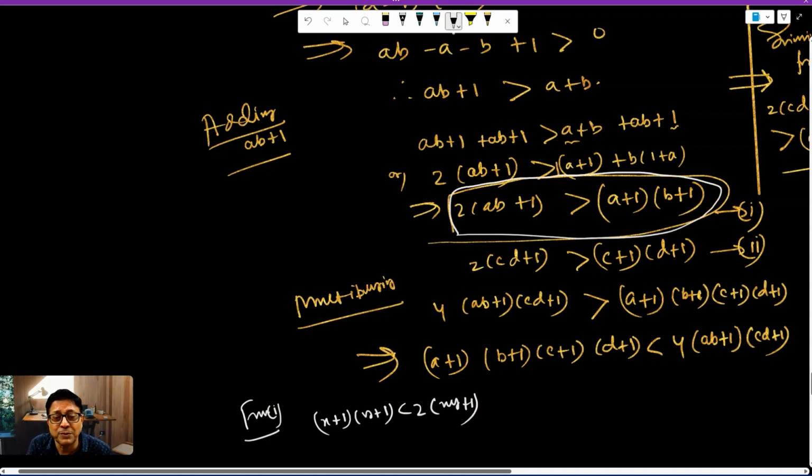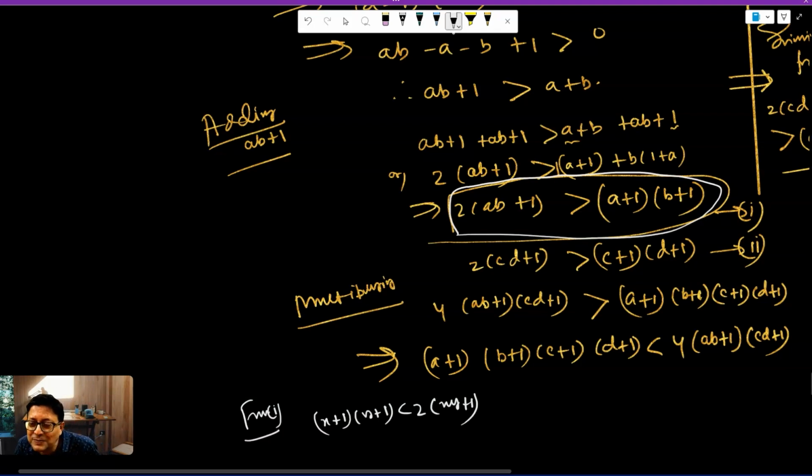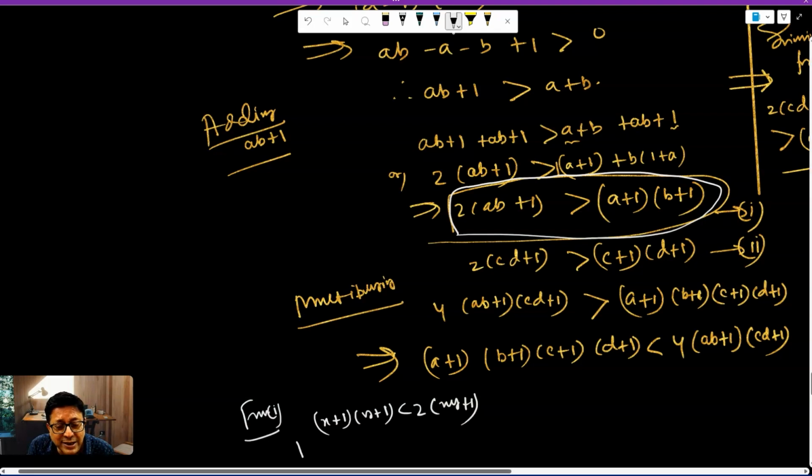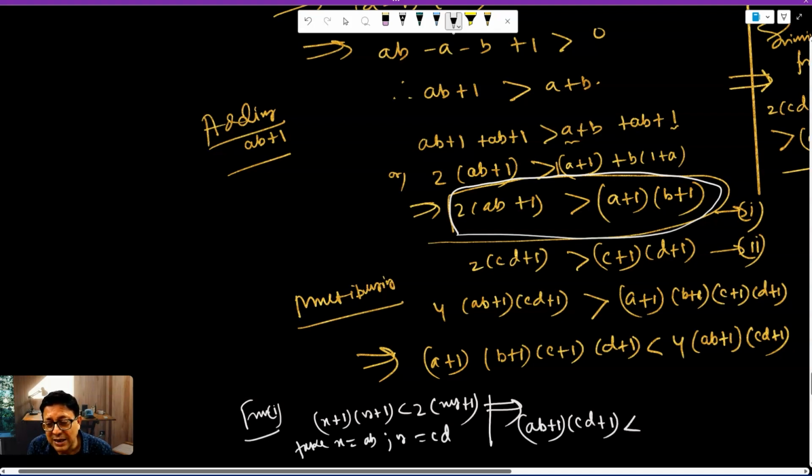For AB we have proved. If xy given, you can do it. But now what we are doing, take x equal to AB, y equal to CD. So does this imply AB plus 1 is less than twice ABCD plus 1?